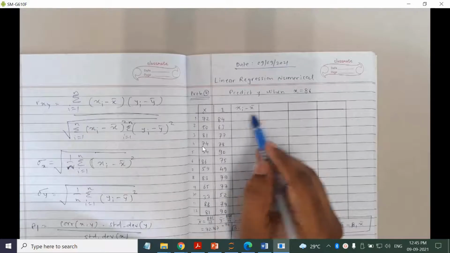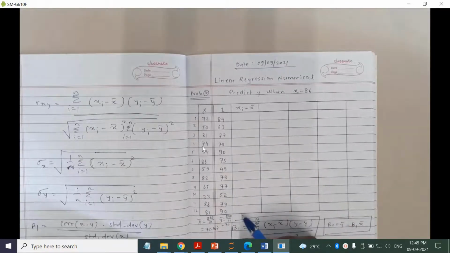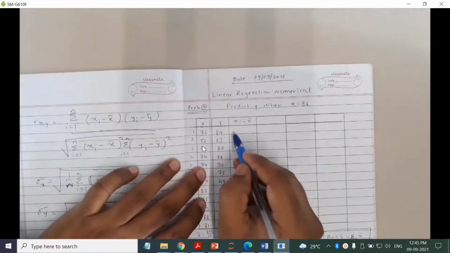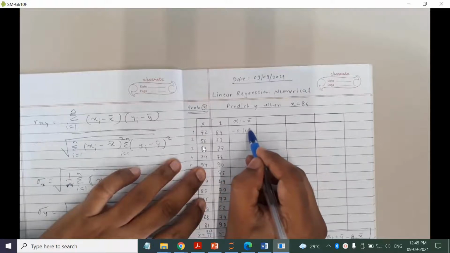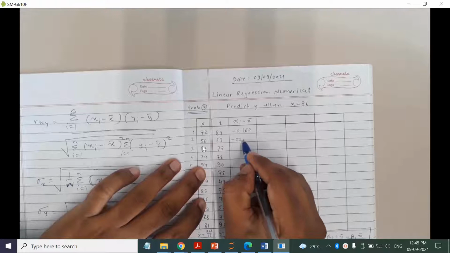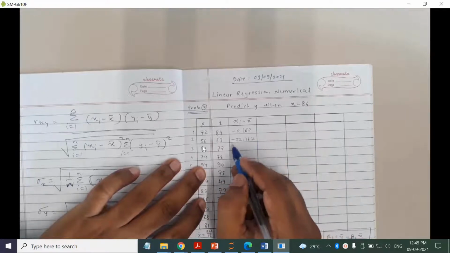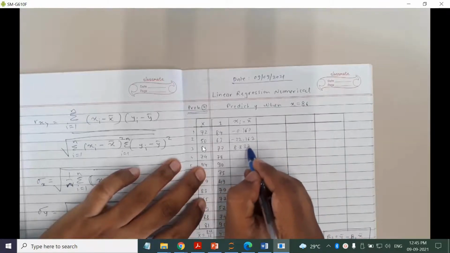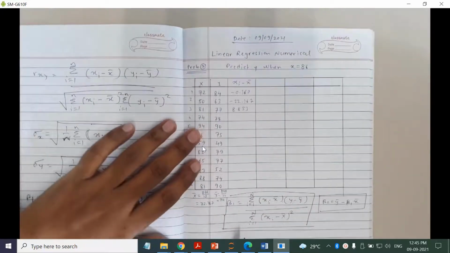Calculate this subtraction for all the samples. It will be 0.167, 8.833, and so on. Fill the table like this.